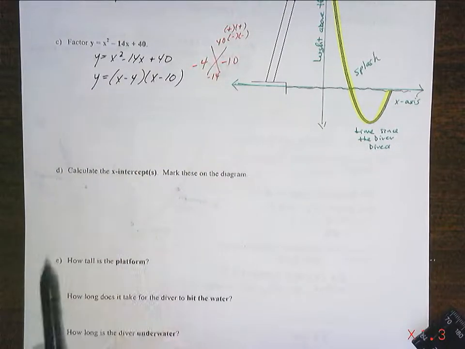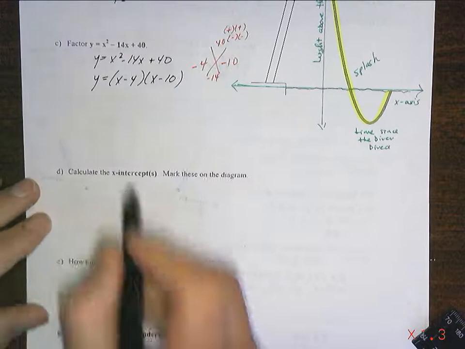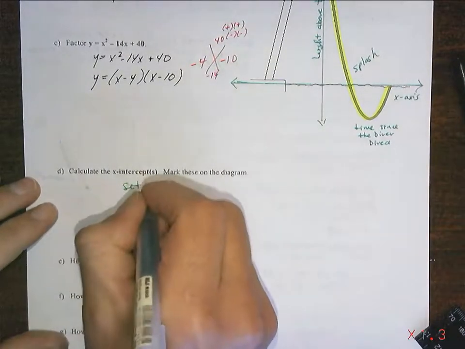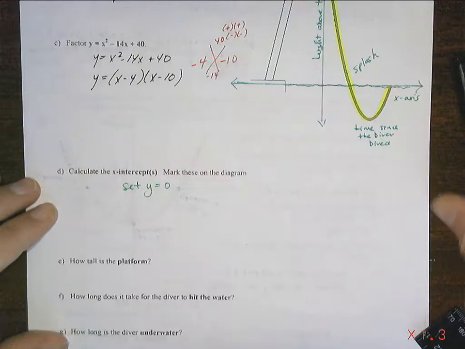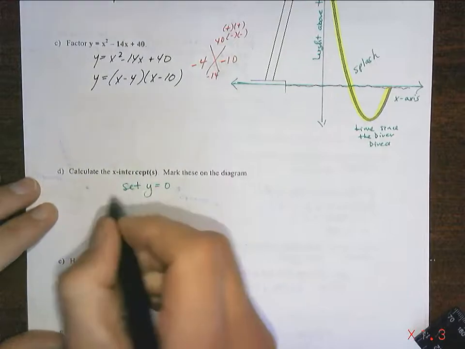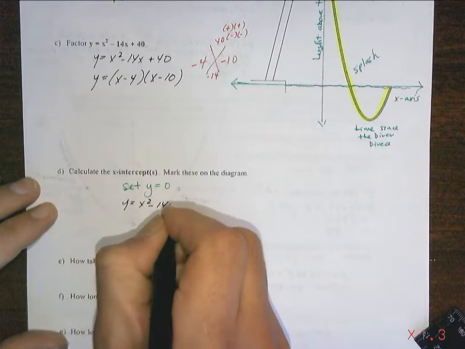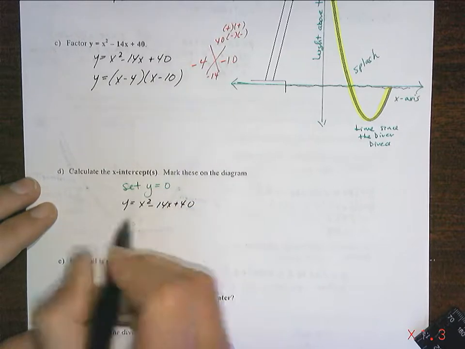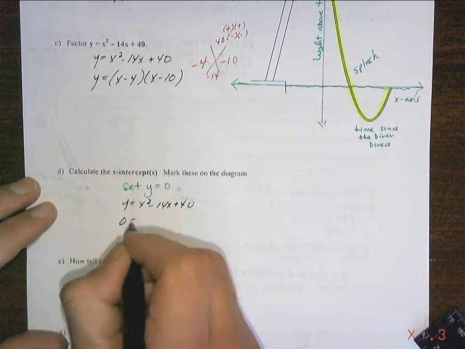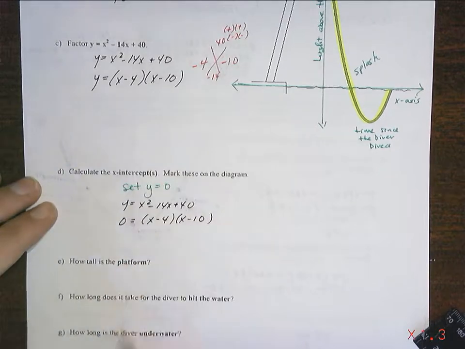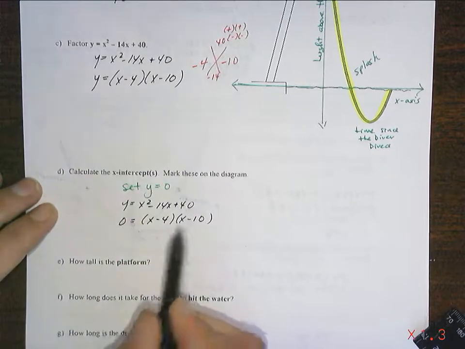Calculate the x-intercepts. Mark them on the diagram. Well, for the x-intercepts, you're going to set y equal to 0. And I'm going to use the factored form for this. I can't use the standard form when I set y equal to 0. I got to use the factored form. And this one's pretty easy. I got two things that multiply to give 0.